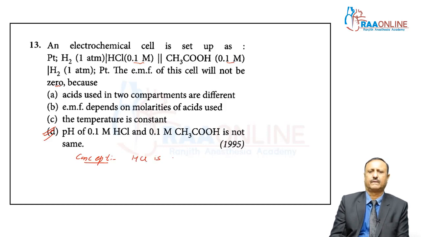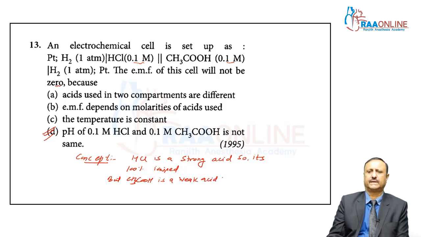HCl is a strong acid, so it is 100% ionized, but acetic acid is a weak acid, so it is not 100% ionized.